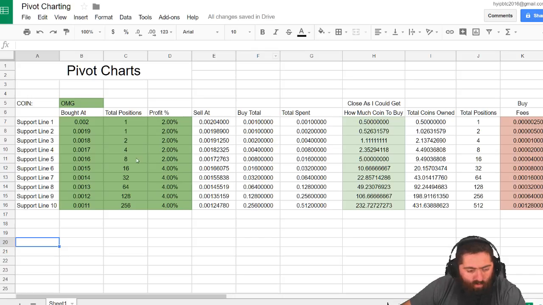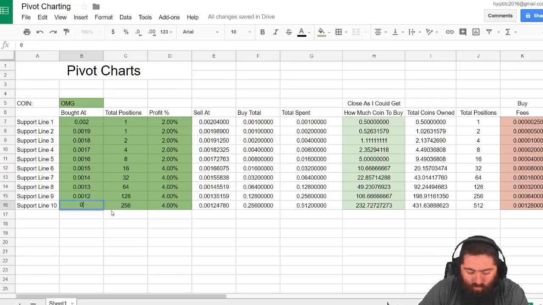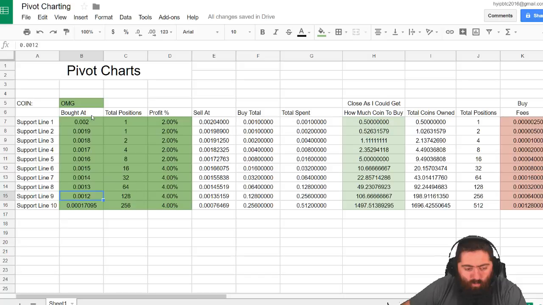17,095. And we just work our way up this line. Does that make sense?